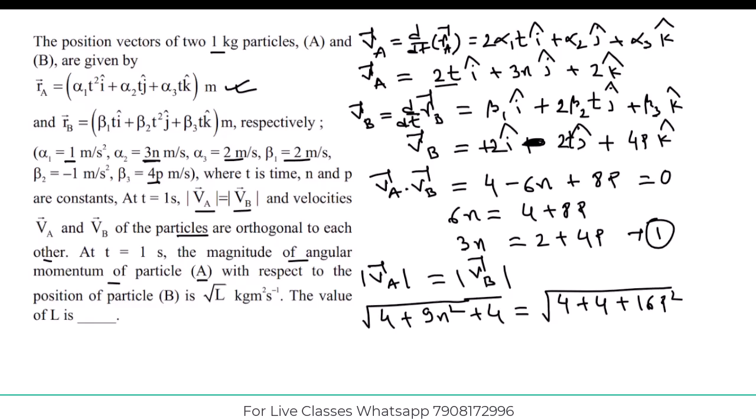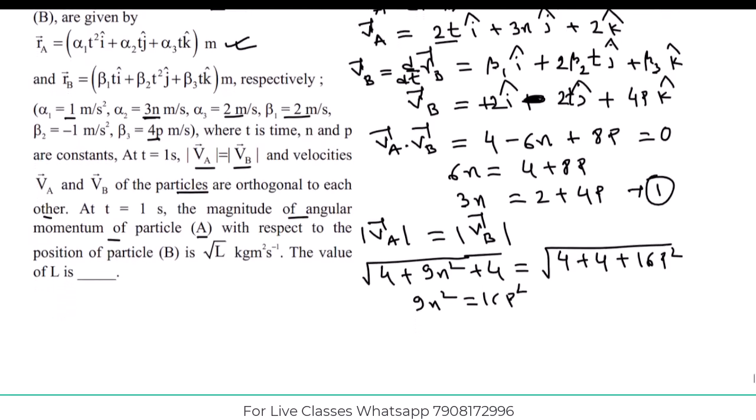So this is the magnitude. So 4 plus 4 is 8, and 8 plus 9n square equal to 8 plus 16p square. So 8 cancels from both sides, that is 9n square is equal to 16p square.